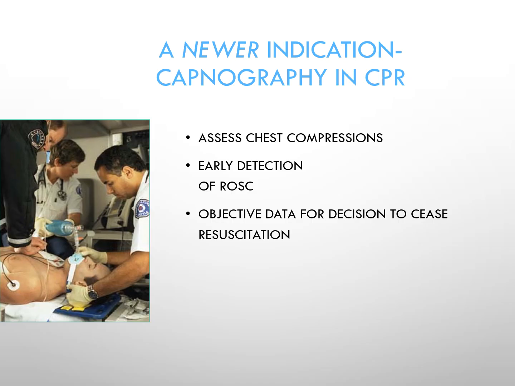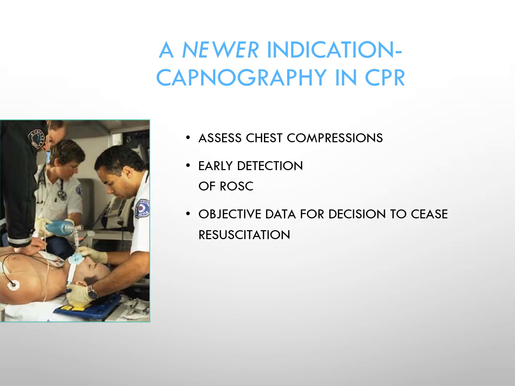So for example, if the end-tidal CO2 is exceptionally low, let's say less than 5 or 6 or 7, and it's been that way for a sustained period of time, it's suggestive that blood circulation has been down for a long period of time and that the likelihood of a successful resuscitation is not good.